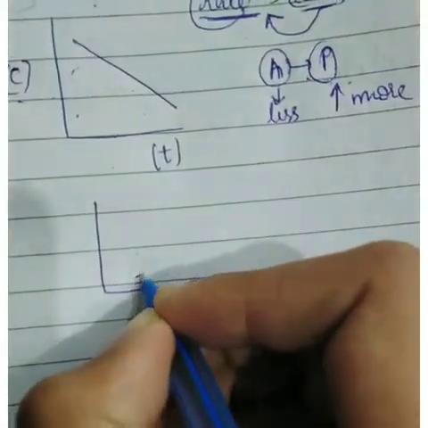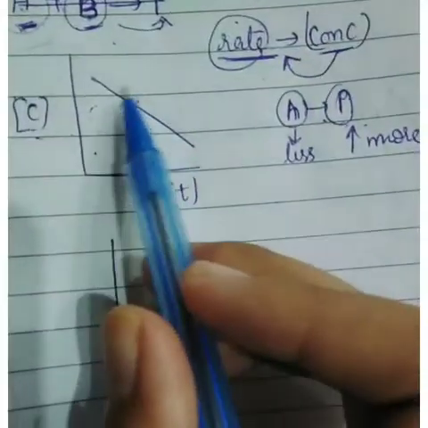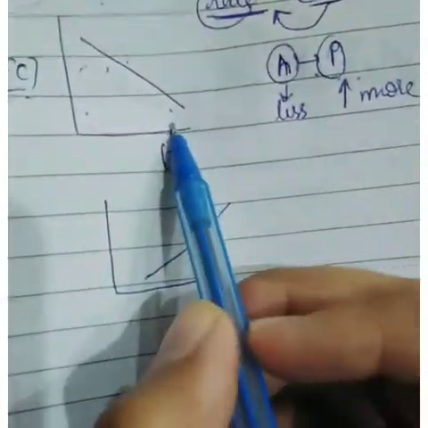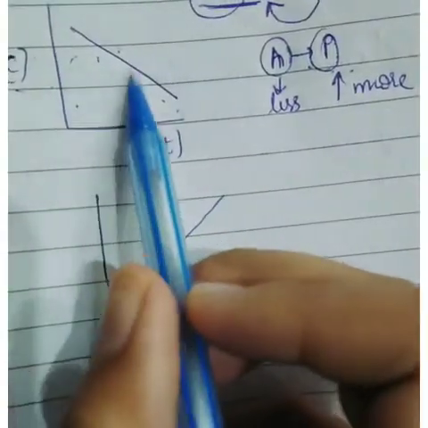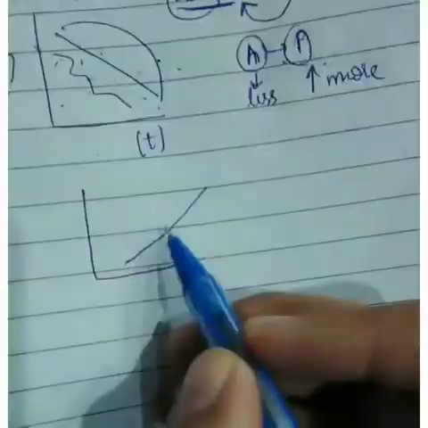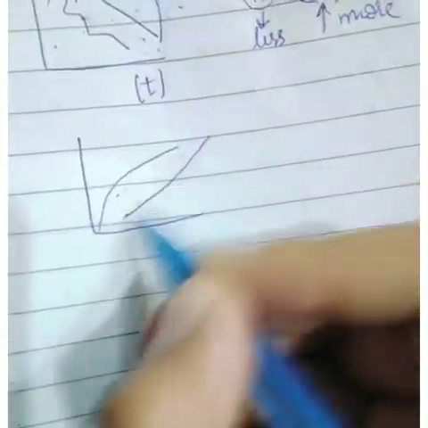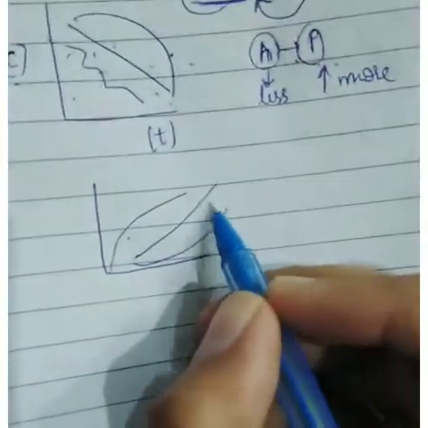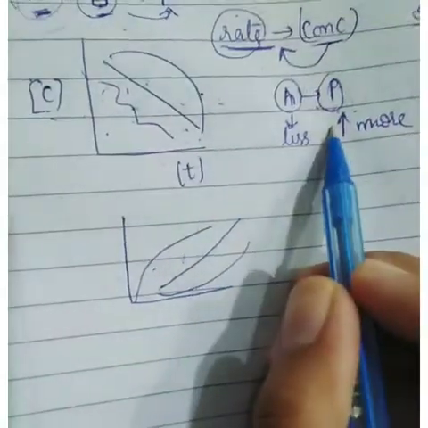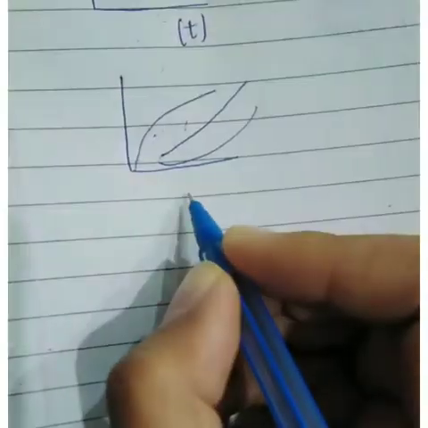So suppose the reactant concentration decreases like this, and in the next graph the product concentration increases. But this is only a supposed graph, not the exact graph, because the decrease could go in different ways. We are not knowing the nature of the graph; these are just hypothetical graphs we are drawing.